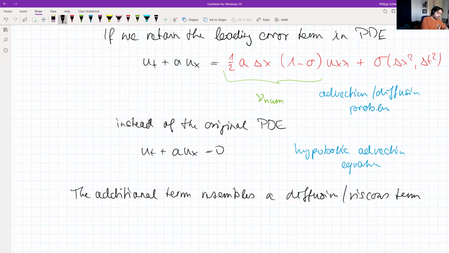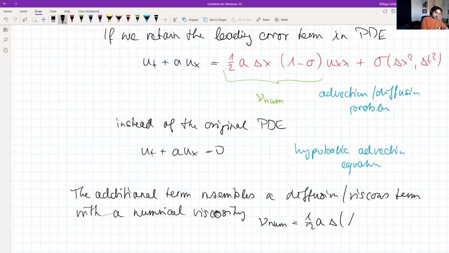A viscous term with a numerical viscosity. So the viscosity parameter then is nu numerical, which is this 1/2 a times delta x, (1 minus sigma).